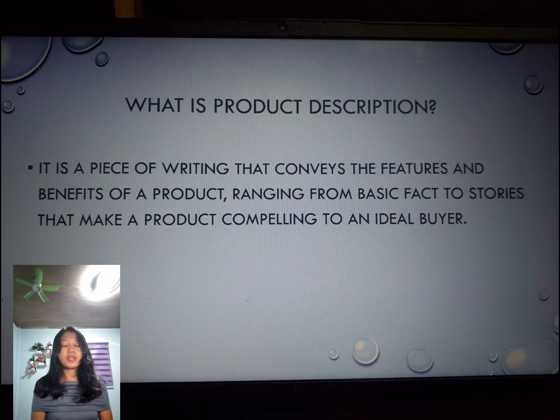So when we say product description, it is a piece of writing that conveys the features and benefits of a product, ranging from basic facts to stories that make a product compelling to an ideal buyer, of course. An example of this is when we're purchasing canned sardines, right?